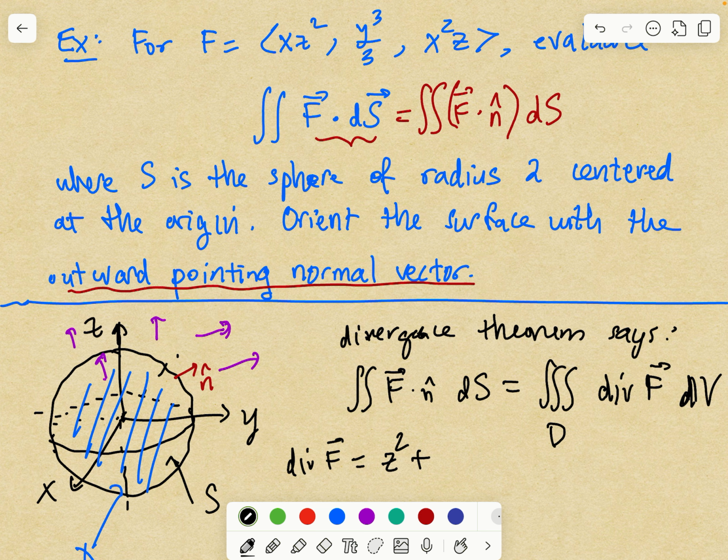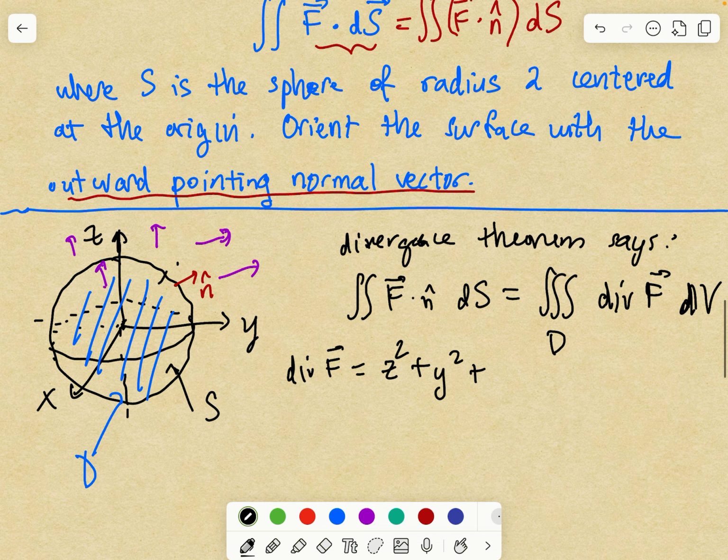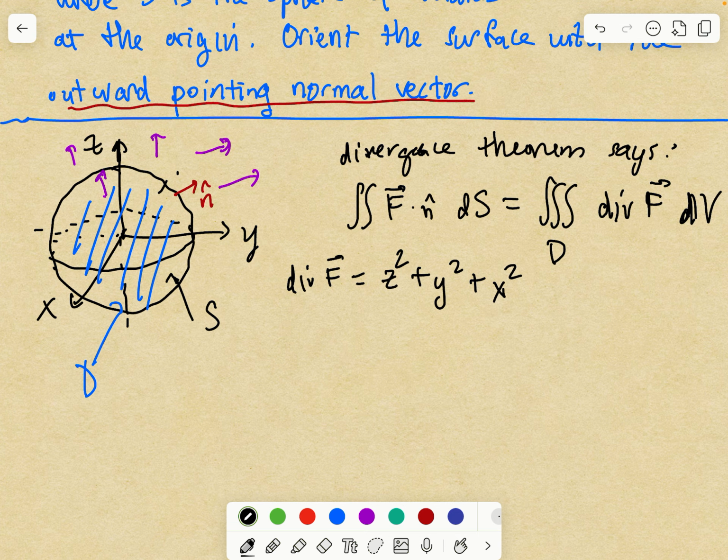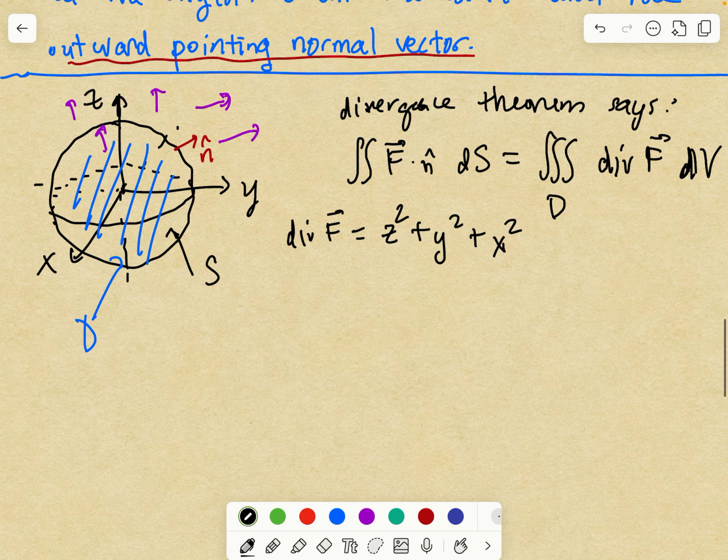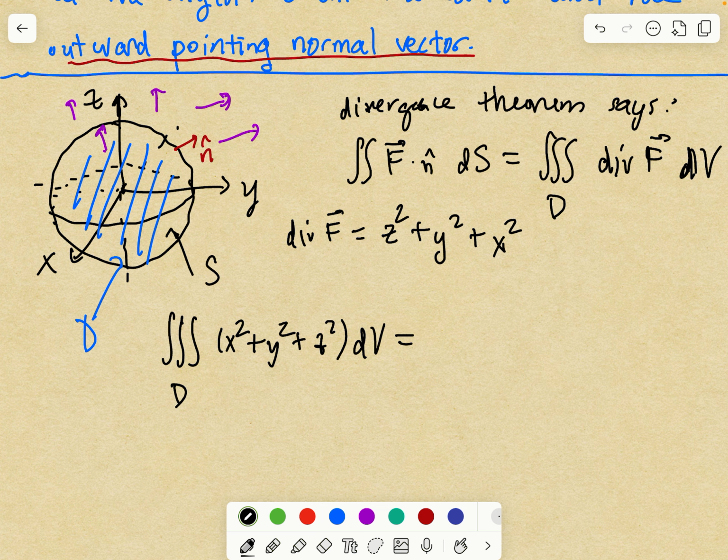You bring the 3 down, and you get y². Then the partial derivative of the third component, x²z, with respect to z is x². Add them up, and the divergence is x² plus y² plus z². So we need to calculate the integral over D of x² plus y² plus z² dV.